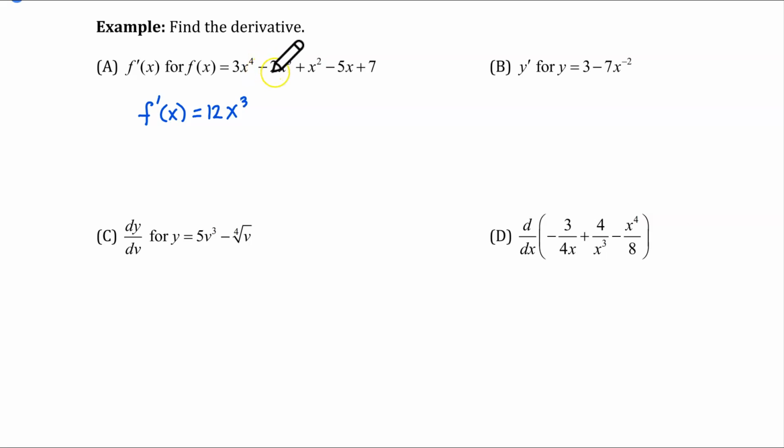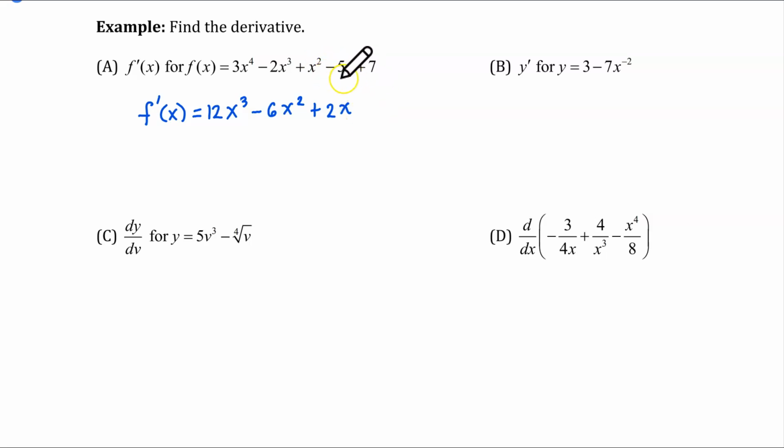For the second term, you copy the sign, so minus, and then you have 2 times 3, or 3 times 2, which is 6, times x to the 3 minus 1 is 2. Third term, copy the plus sign, so plus, then you bring down 2, so this is just 2 times x to the 1, so this is just x because 2 minus 1 is 1.